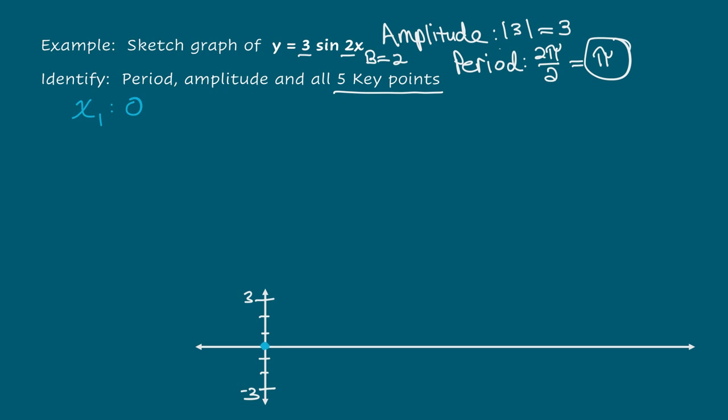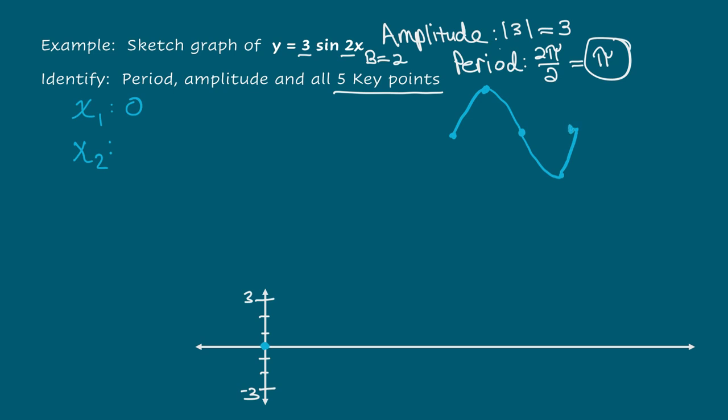So my second point is going to be my maximum point, my first maximum. And I need to find that point by adding a quarter of a period to my first point. And the reason I add a quarter period is because if you think about the shape of your sine wave, you go from your start point up to the first place you mark off, and then you come down to here to your intersection, and then you go down again to a minimum, you come back up here.